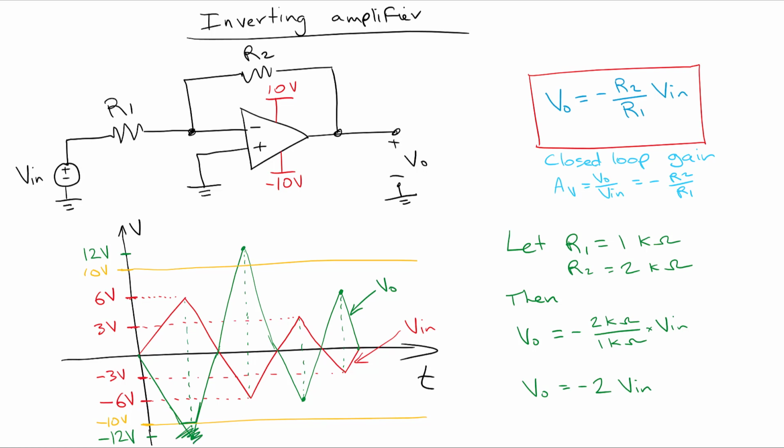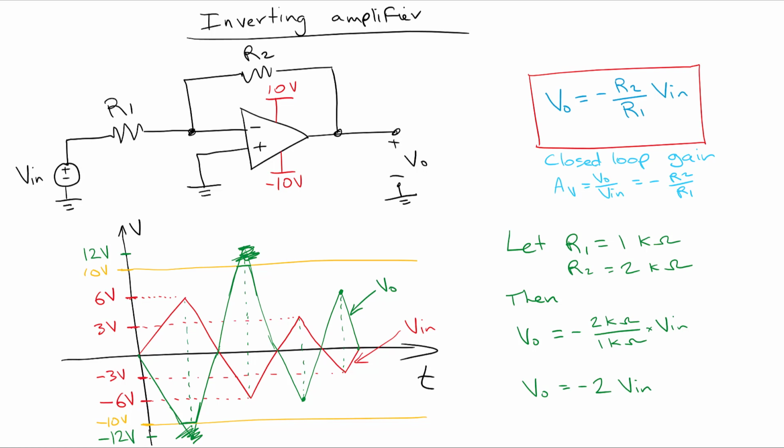So this part will not be experienced. The output voltage will not go below minus 10 volts. Similarly, when it's going positive, it's going to hit the positive 10 volts, come across, and then go back down again. So it'll never go above positive 10 volts.